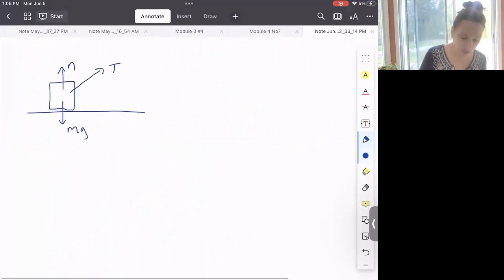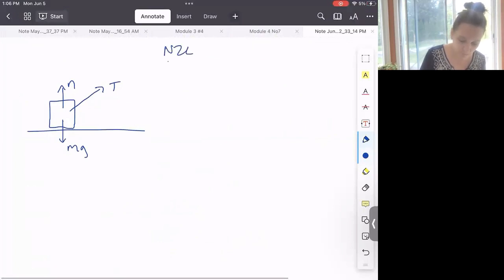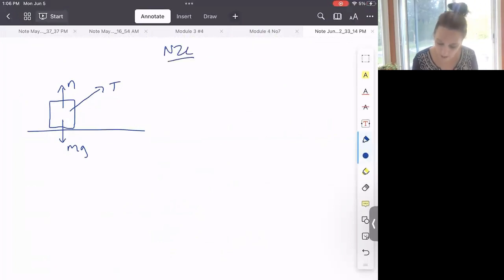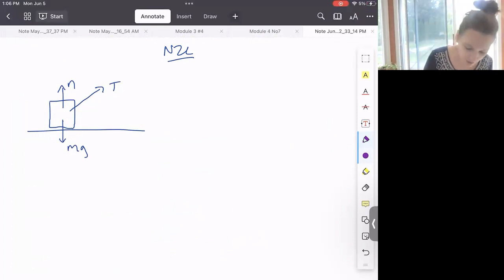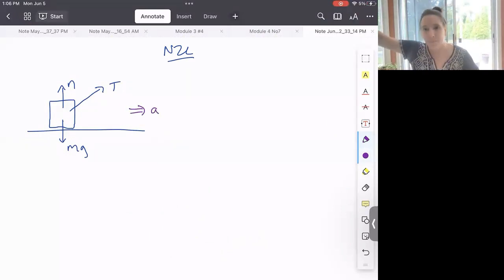And then in Newton's second law, what we're going to see is that when you draw a free body diagram, right, you've already seen that you draw your arrows, but very, very, very importantly, you also draw the direction of your acceleration. In this case, this is accelerating towards the right. Say somebody's pulling something along the ground with a rope.